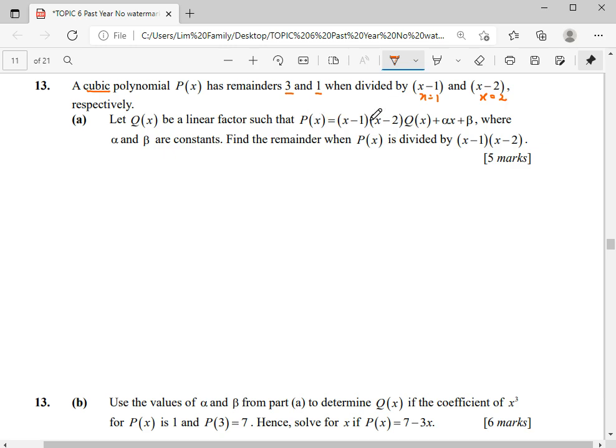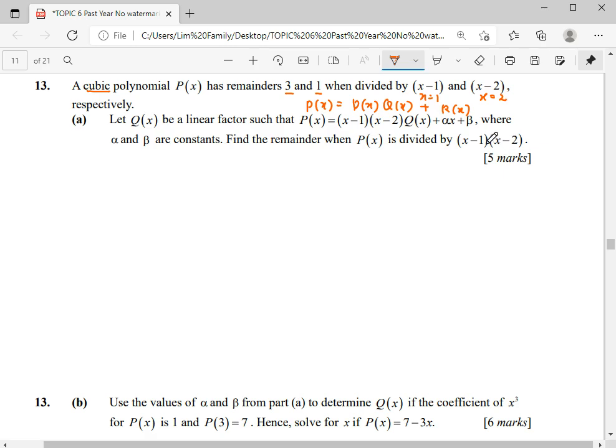So 1 factor, 2 factor, 3 factor, and at the back here will be the remainder part, because our writing of polynomial will be in this form: p(x), what's your divisor, and then what's your quotient, plus at the back here will be the remainder. So where alpha, beta are constants, find the remainder when the polynomial p(x) is divided by (x minus 1)(x minus 2).